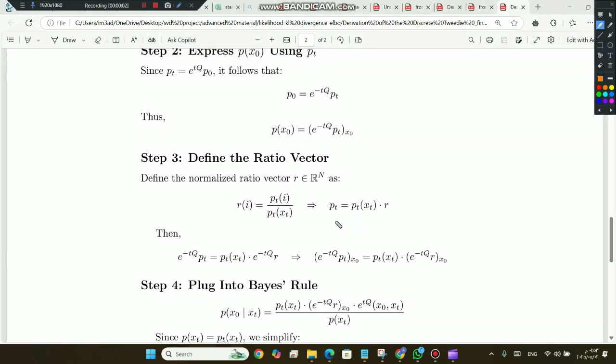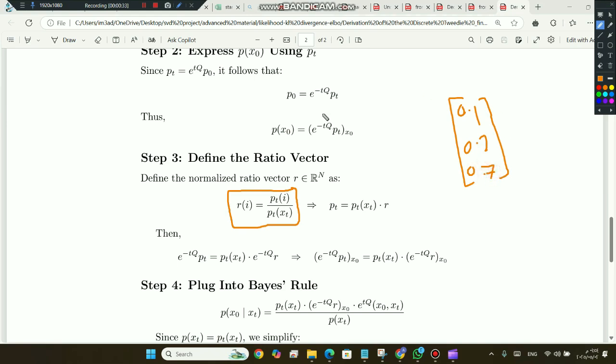One last thing. What if we do the following? What if we came up with this equation over here and we say assume r of i will equal pt of i over pt of xt. So pt of i is the whole probability vector. Assume that we have, for example, 3 words, so this is going to be, for example, 0.1, 0.2, 0.7 or whatever.